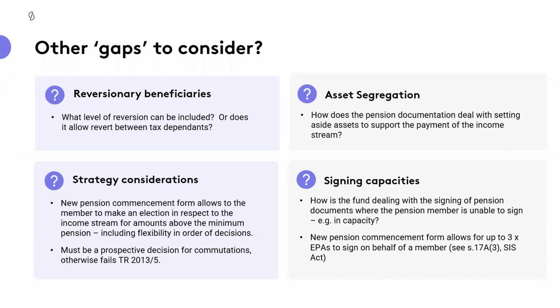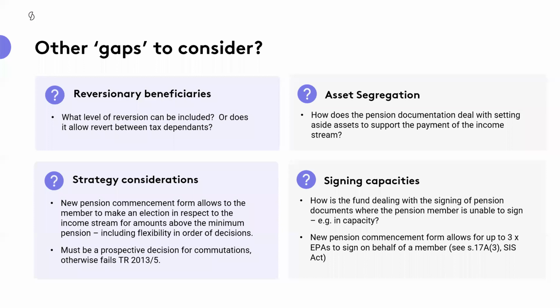So that level of reversion may be by percentage, it may be by dollar amount, it may be to an individual's transfer balance cap. So again, what level of detail can you have that would include this, and how does this, of course, link back to the broader estate planning? What asset segregation is allowed and provided for to support the payment of the income stream? What are the strategy considerations?